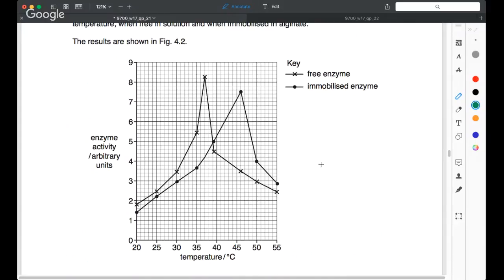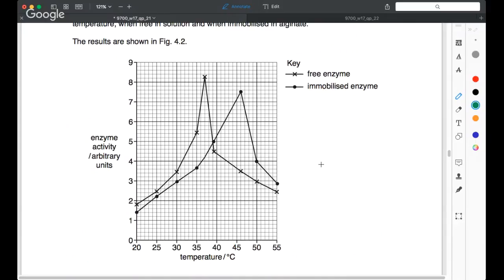That is enough, but go on and explain the gradient for me, because in the exam you wouldn't risk it, you'd write everything. Okay. So the gradient from temperatures 20 to 30 Celsius. No, actually not. Okay.